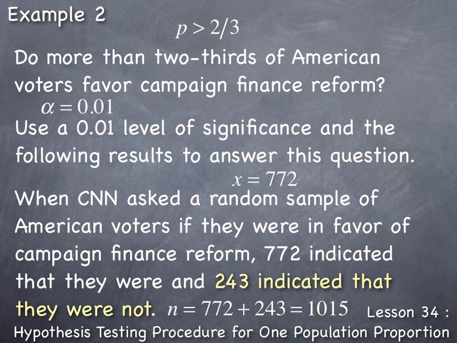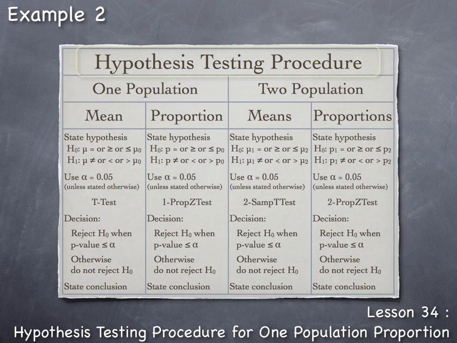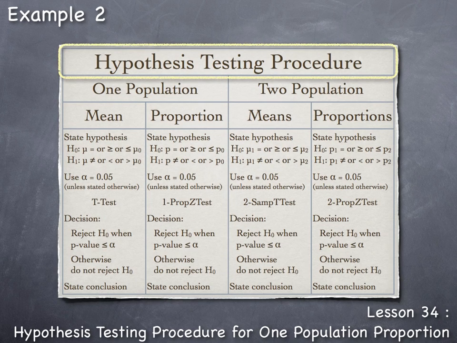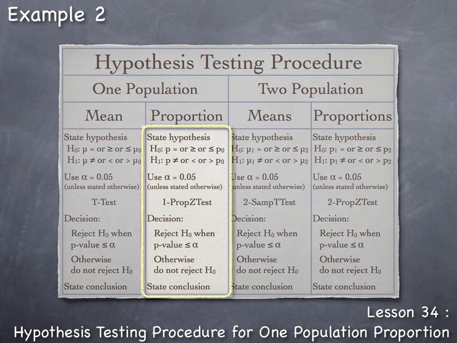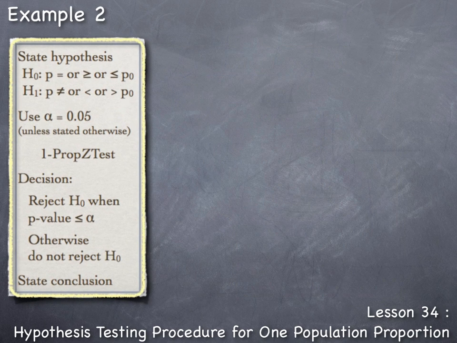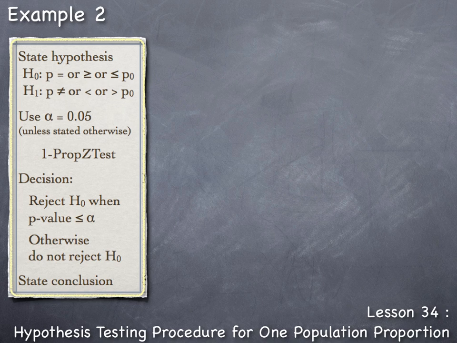So we could take these sample results and conduct our hypothesis testing procedure that involves just one population proportion. These are the steps that we would follow, starting with stating the hypotheses statistically. The question was, do more than 2/3 of American voters favor campaign finance reform?